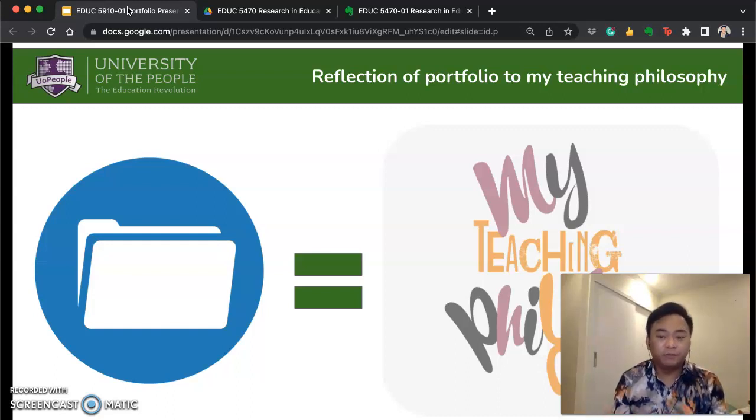Also, since I've mentioned that this is a collaborative portfolio, because I save all these files from different people, different experts around the world, eventually I will be sharing all of this knowledge and skills to my colleagues, to my friends in the teaching profession.